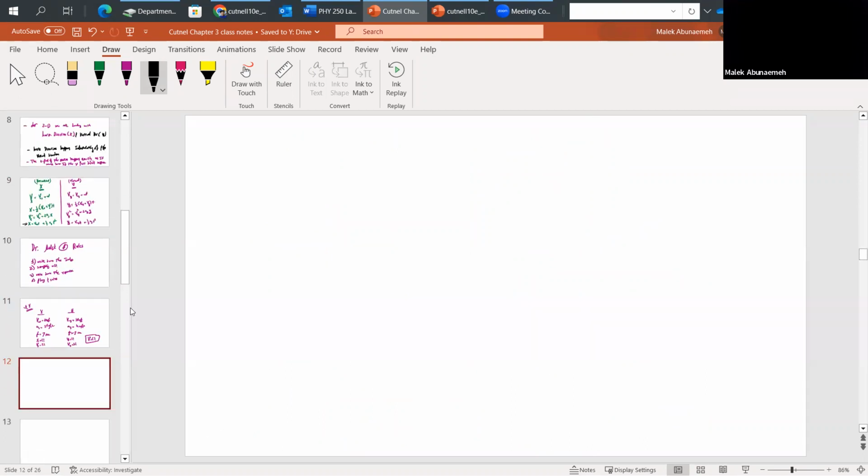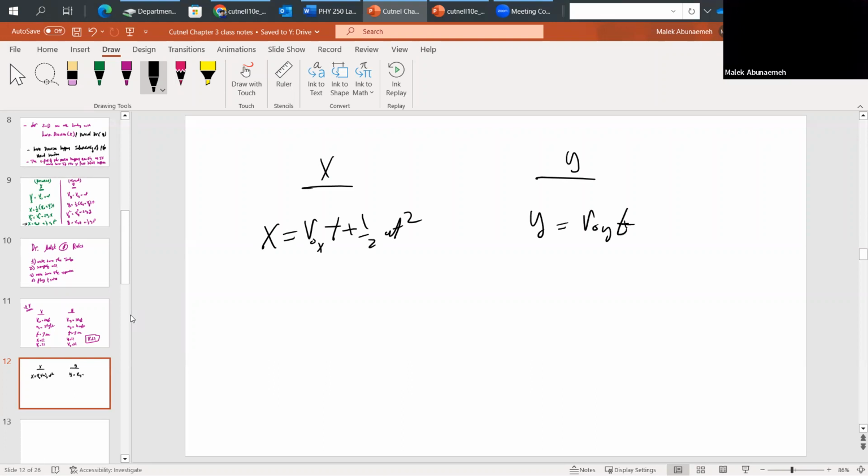So what we can say is, here are your x and y components to solve. Your x is going to equal your initial velocity in the x direction times t plus 1/2 a t squared. Same thing for the y: your y is going to equal v naught y times t plus 1/2 a t squared.